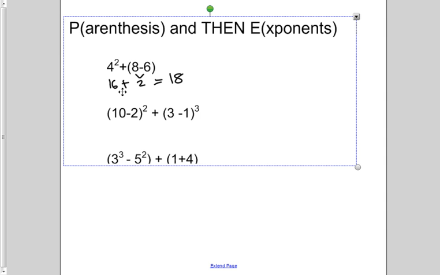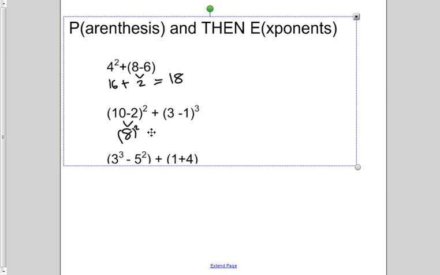All right, let's practice again doing parentheses first, then exponents. So the parentheses, 10 minus 2 is 8. And then because this exponent is on the outside of the parentheses, you're going to solve what's inside first and then take that answer to the power of 2. Because basically that's just 8 to the power of 2.